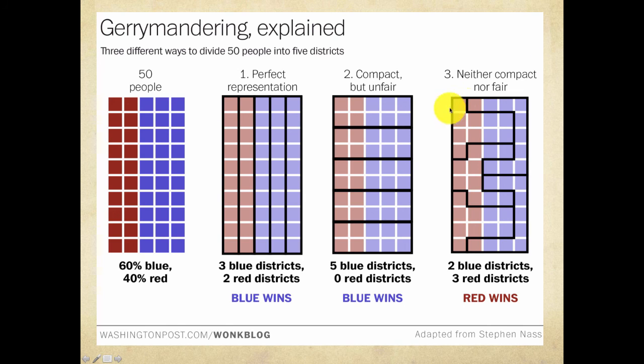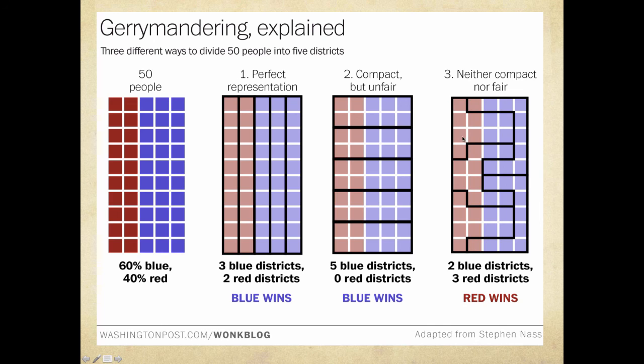So it was drawn in a way to capture more red votes, red boxes, and also to break up the majority blue boxes. And so there are actually districts here, districts 1, 2, and 3, that will have majority red voters, and therefore would have representatives that are representing those Republicans.